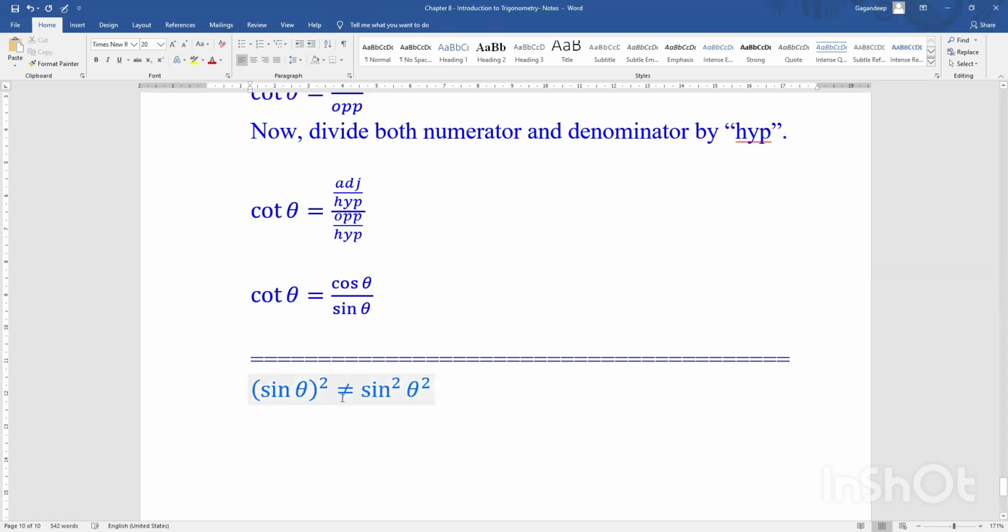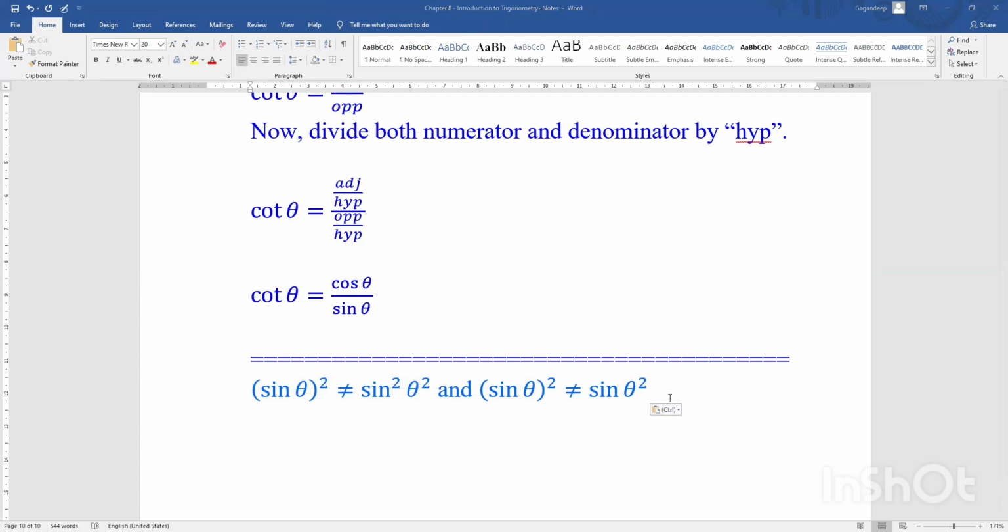Okay, sin theta whole square is not equal to sin square theta square. So you cannot apply the indices rule here. So when you do sin theta the whole square, it is not equal to sin square and theta square. We cannot write like that. And at the same time, it is also not equal to sin theta square. Okay, that is sin theta whole square is not equal to sin theta square. This is also not possible.